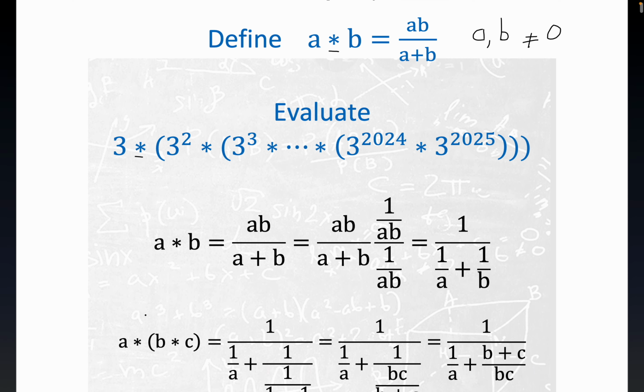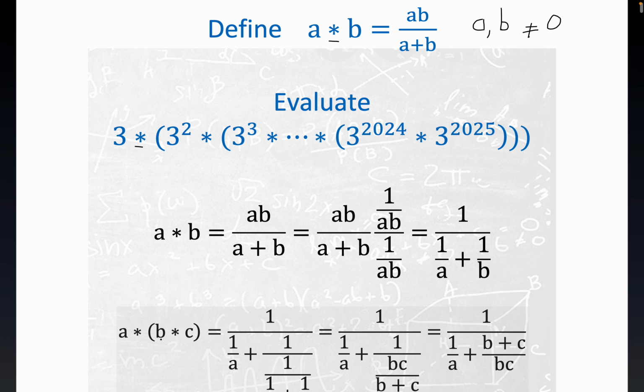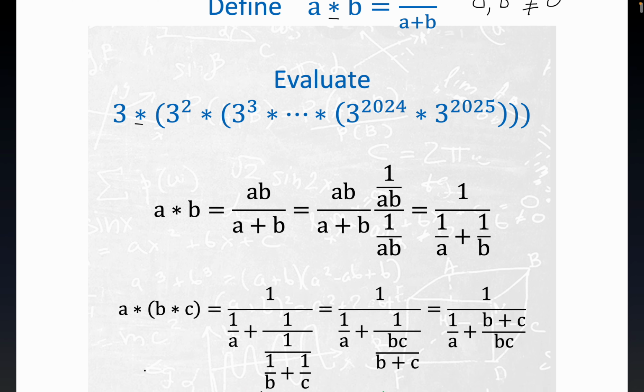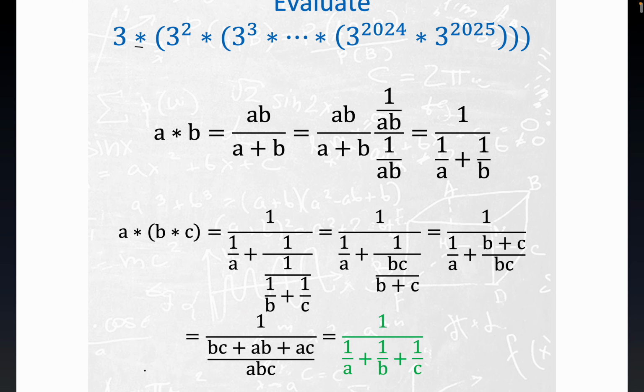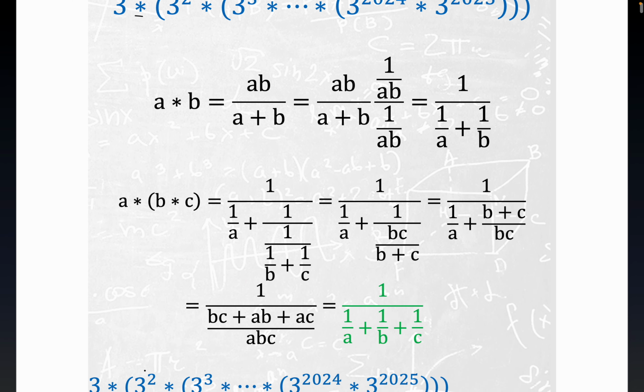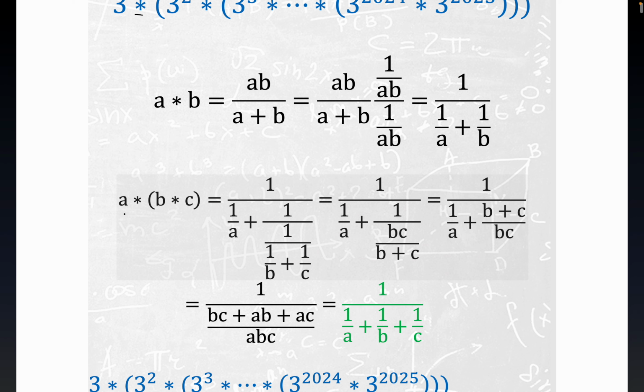And so it makes sense to determine what happens when you combine 3 in this fashion, which is what this evaluate statement indicates. Okay, and again, a little bit of work here to go through this. Most of the work in the problem is actually right here. And again, I won't go through all the details, but we get that 3 of them combined in this parenthetical fashion gives you 1 over the sum of the reciprocals, okay?